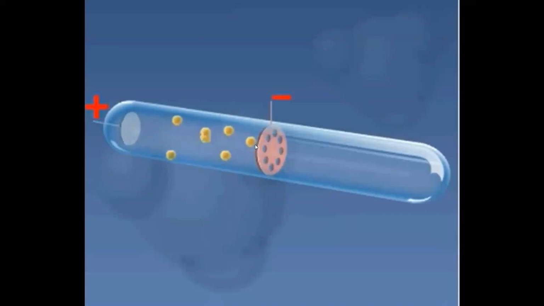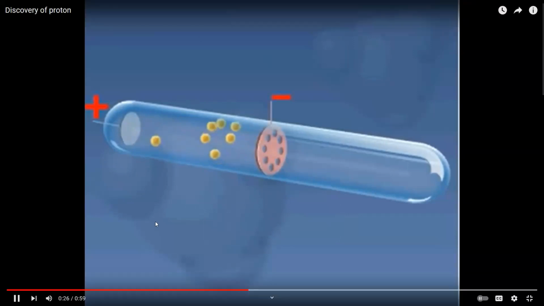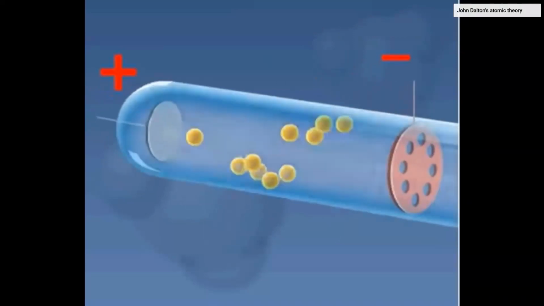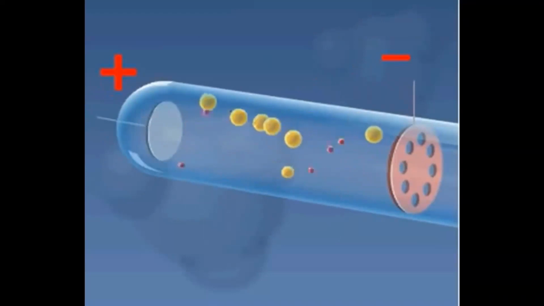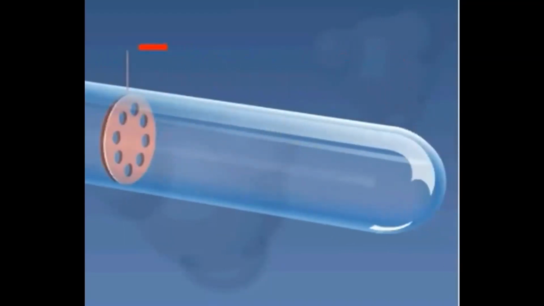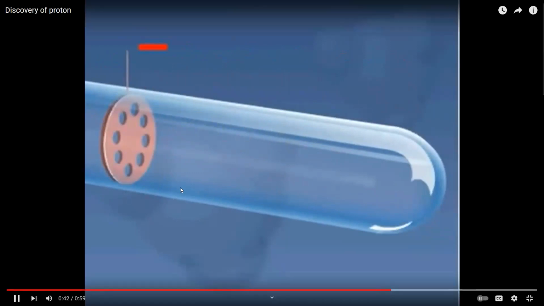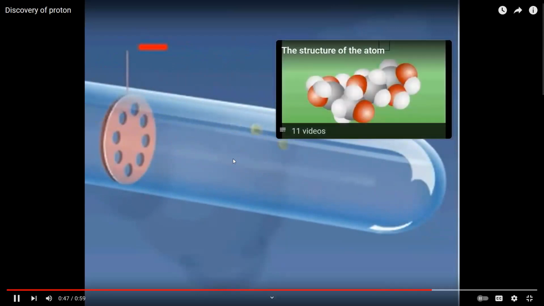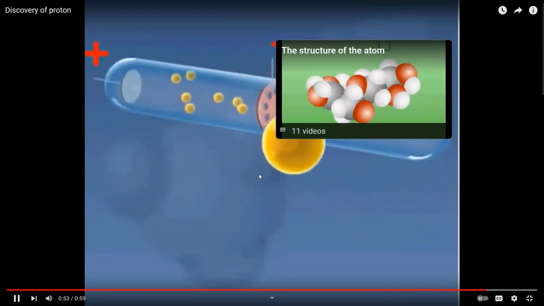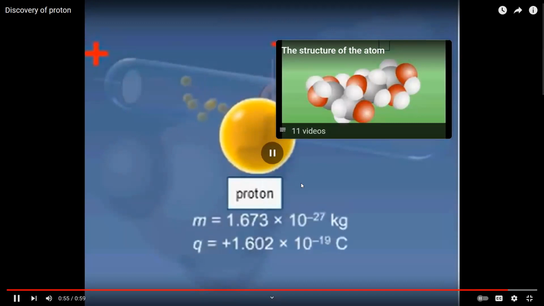When a high voltage was applied to the electrodes, electrons flowing from the cathode to the anode collided with hydrogen atoms, knocking off the electrons from them. The resulting positively charged nuclei of hydrogen, which are simply protons, were attracted towards the cathode, passed through the perforations, and were detected at the other end of the tube as so-called canal rays.